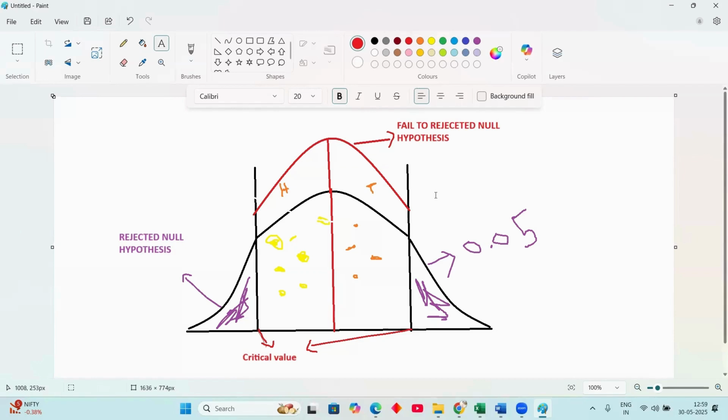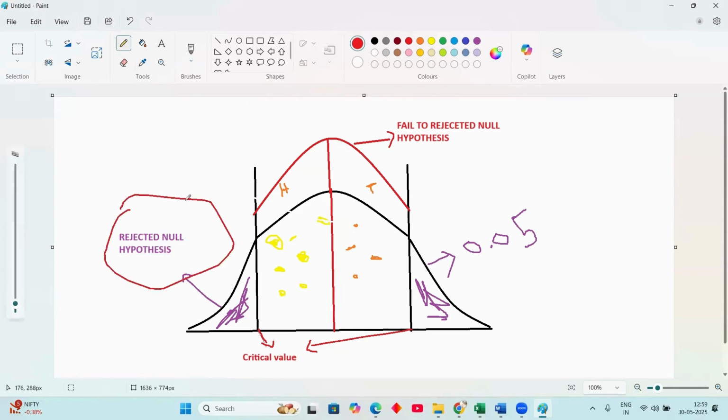When the p value is less than alpha, it rejects the null hypothesis. When the p value is greater than the alpha value, then it fails to reject the null hypothesis.